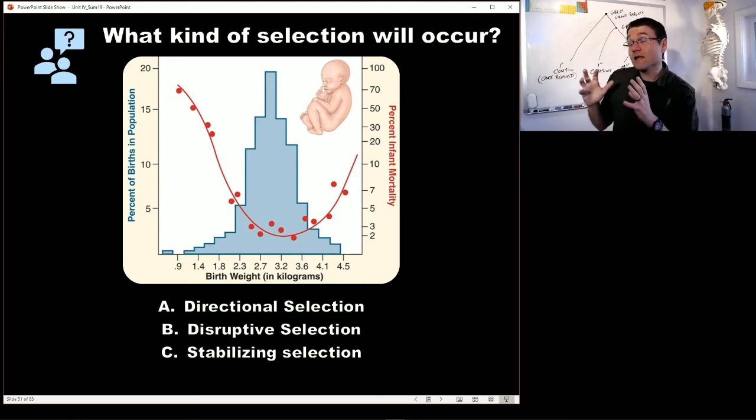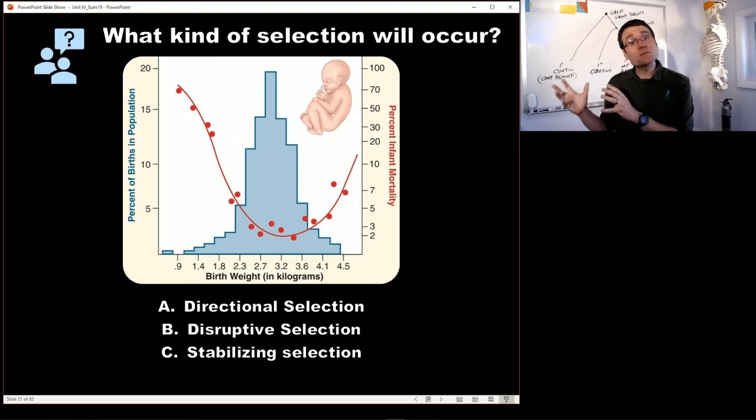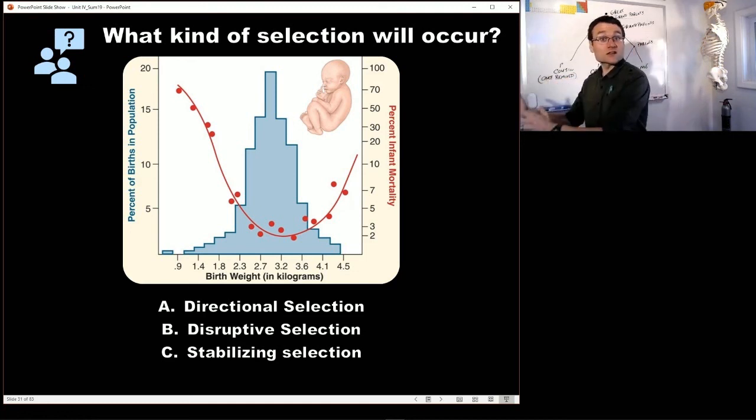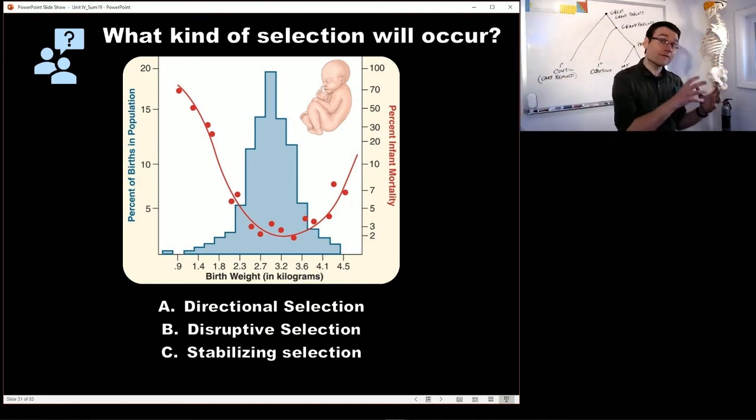But if you have a very high weight baby, it might need to be born through cesarean section. It might be too large to fit through the birth canal. Now, up until about 50 years ago, that was basically a death sentence for either the mother, the child, or potentially both. So that created a situation where there was high infant mortality if you had a very, very large baby, or if you had a very, very small baby.